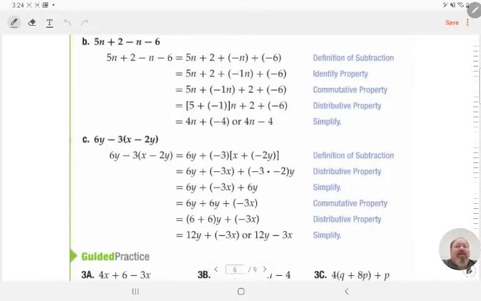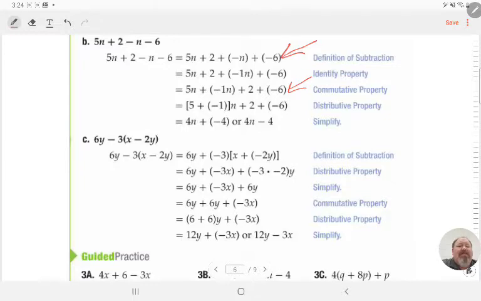Now for B, we have 5n plus 2 minus n minus 6. Well, we could change that to an addition problem and put 5n plus 2 plus negative n plus negative 6. Don't forget that negative n is really negative 1n. Then we could use commutative property and put them where like terms are together.